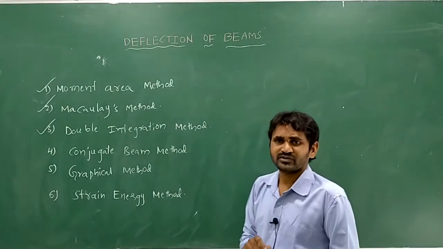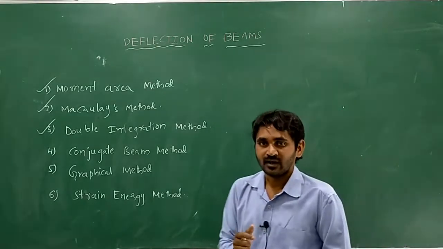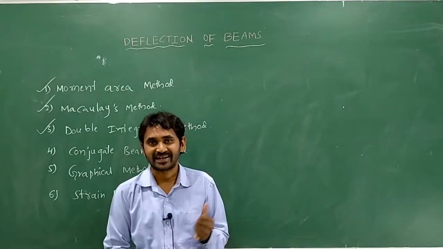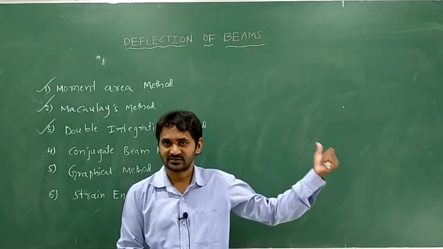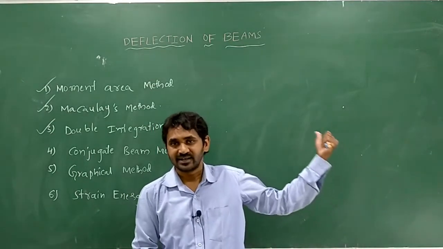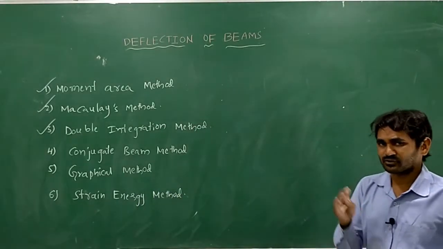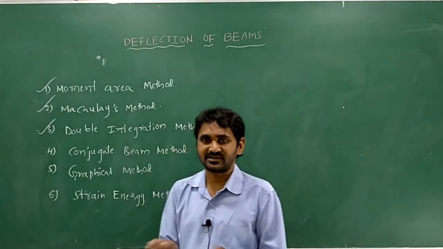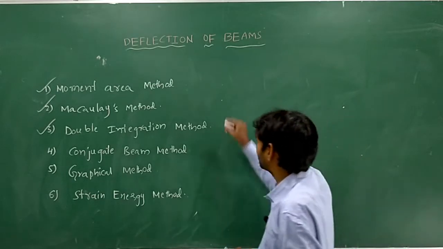One question frequently asked in ESET is: what is the maximum slope for a cantilever beam, at the free end or at the fixed end? What is the slope at the free end, what is the deflection at the free end, or what is the maximum slope and deflection for a simply supported beam? Questions like this come. So let us see the concept before going further.